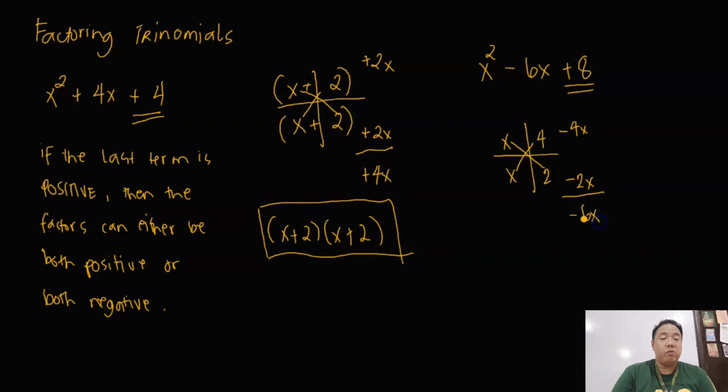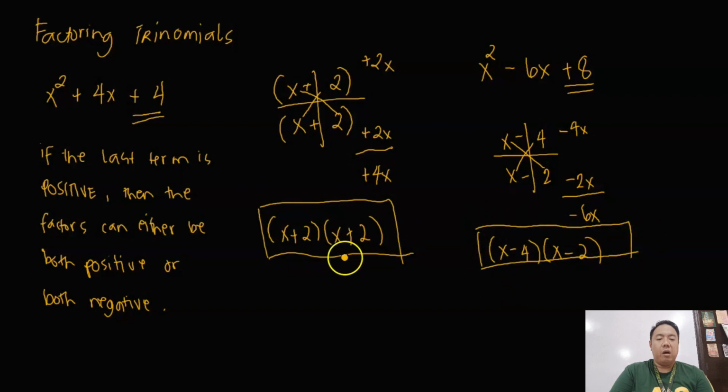Pareho na po ba yan doon sa ating middle term? Yes. Pareho na. Then, yung signs, si negative 4x minus dito, si negative 2x minus dito. So, that's the quantity of x minus 4 times the quantity of x minus 2. Okay? So that's the final answer.